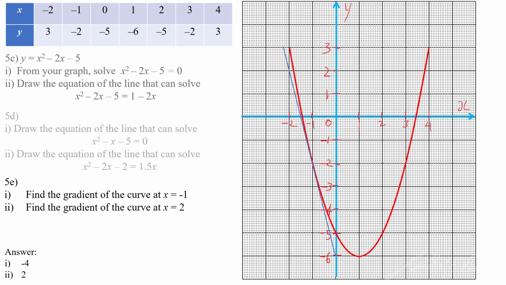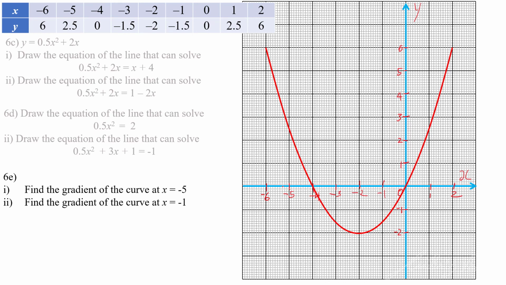Are you using x is equals to -1 as one of the coordinates, and x is equals to 2 as one of the coordinates to find the gradient for each respective part of the question? Then for part 2, the line that you drew should look something like this. Then do the dy/dx, you should get the answer.